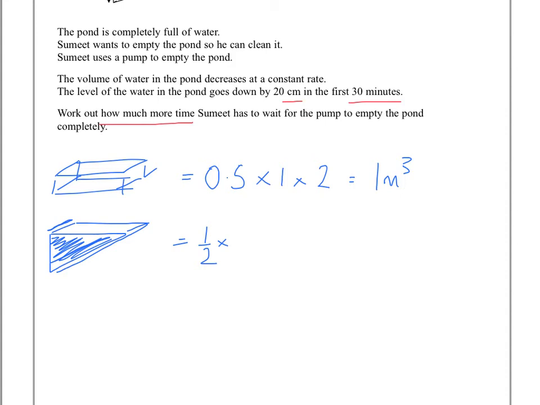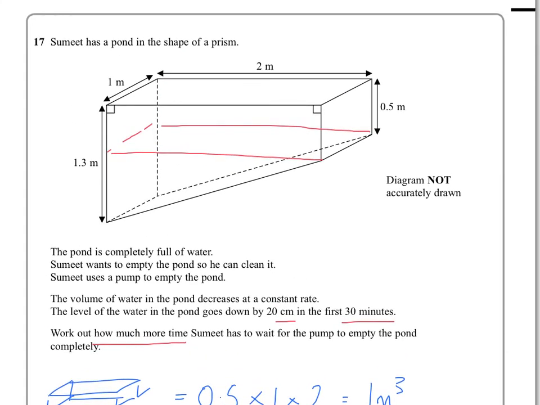Now in this case, the base, if we think about it, let's just go back to our shape for now, just to make it easier to understand. We need essentially to work out this area here. We know that this height here is 0.5. We know the overall height is 1.3. That means this bit here must be 1.3 minus 0.5, which is 0.8.